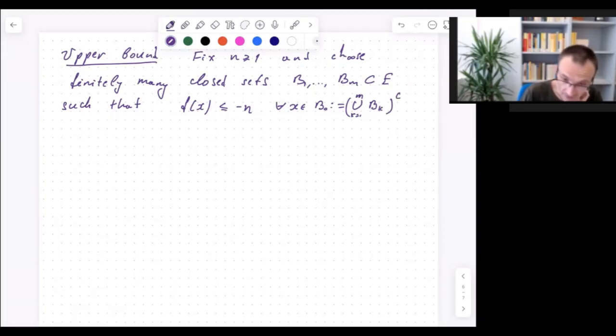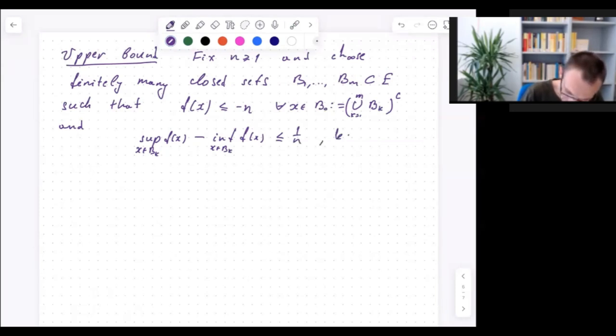And the oscillation of the function on every set Bk is at most 1 over n. That is, the supremum of the function f of x over x belonging to Bk minus the infimum over x in Bk of the function f of x is less or equal than 1 over n, for k from 1 to m.